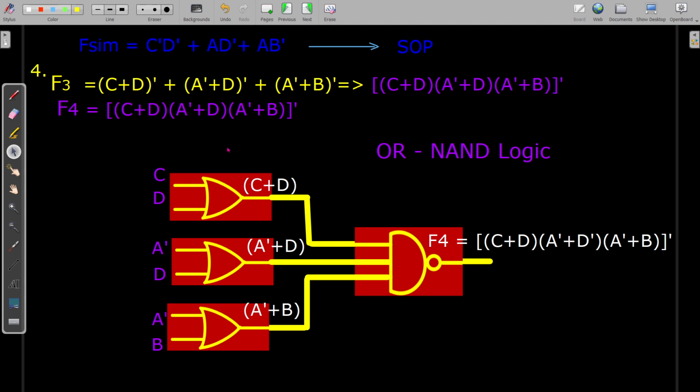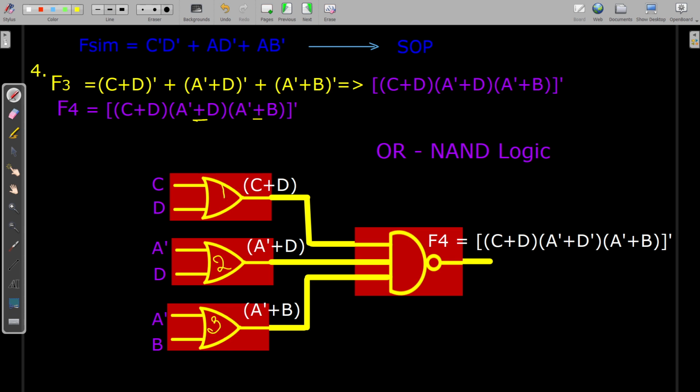For this F4 function, we'll implement using logic gates. So C and D are given to an OR gate because they are combined using this plus operator, isn't it? Then when you go to the second term, here also A' and D are combined using OR, that is the plus sign. So an OR gate is implemented. Then for this A' plus B, again we have the third OR gate.